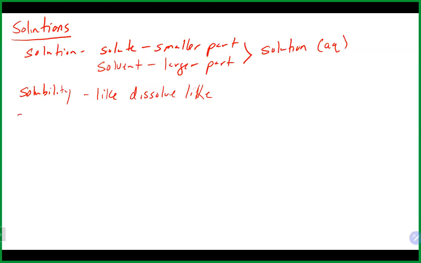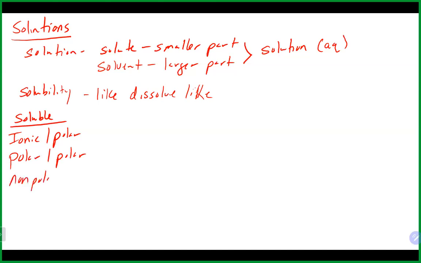Typically, ionic and polar work really well together. Polar and polar also work well together, and nonpolar and nonpolar work well together. That's because nonpolar are both using dispersion forces, while polar and ionic use some version of dipole interaction between them.